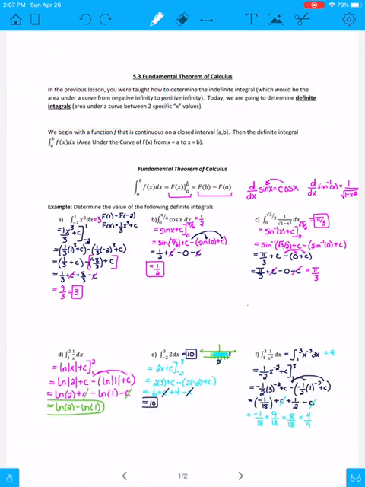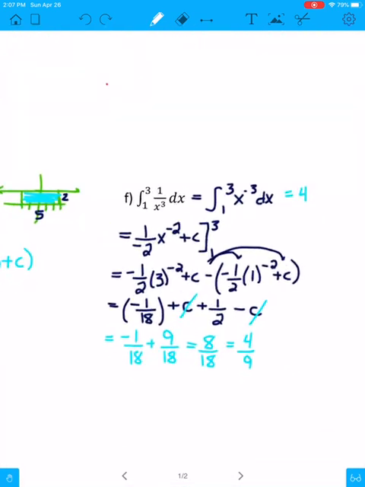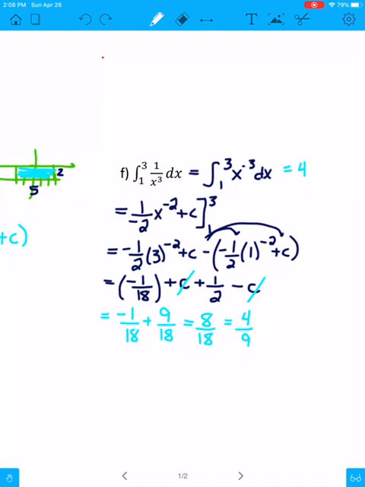So if I find the area of the graph of 1 over x cubed from 1 to 3 to the x-axis, it would be 4 over 9. And it's always the area to the x-axis.